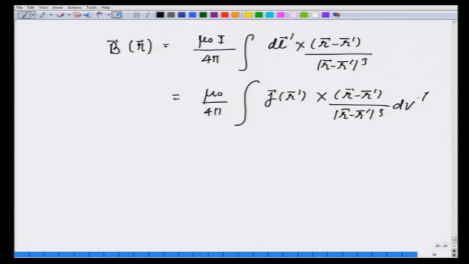Obviously, the integration is over where j is not 0, and that is precisely how we transferred from that I dl formula to j dv prime formula.